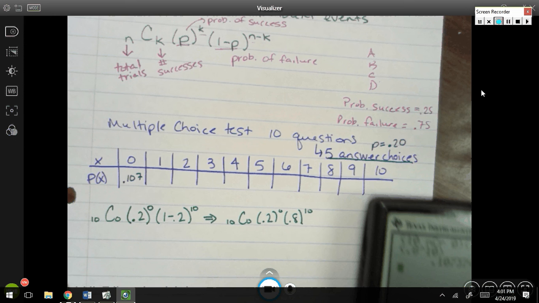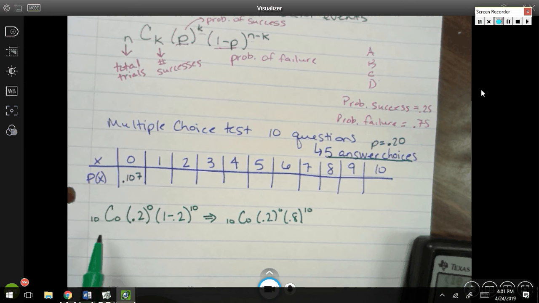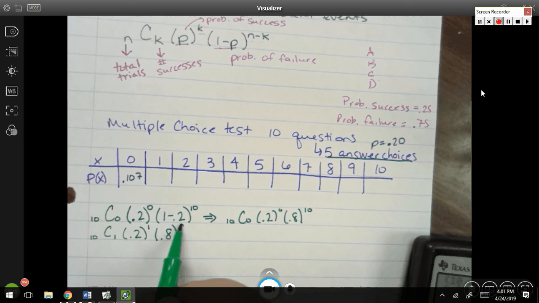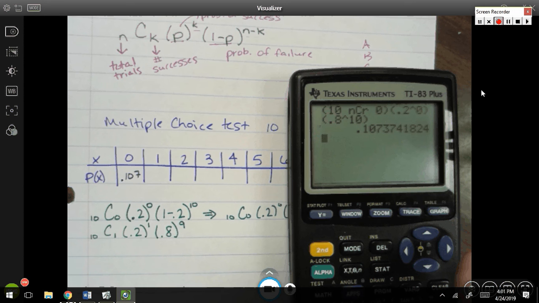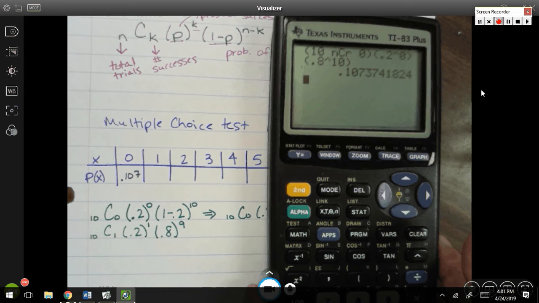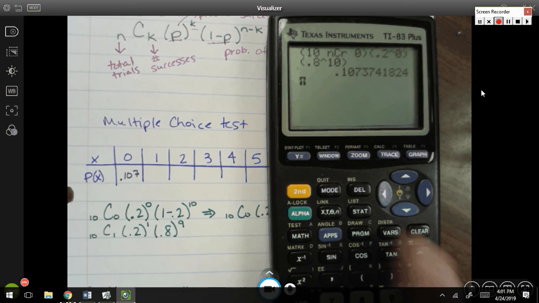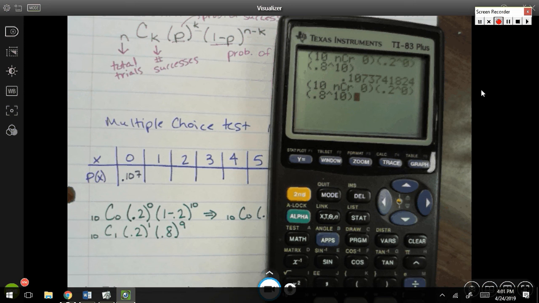So for 1, 10 choose 1, 0.2 this time to the 1. I'm going to go ahead and put the 0.8 here, and this is going to be 9 because it's 10 minus 1. When I do this one, if you don't know this little trick with your calculator, I'm going to show you. If you do second enter, it'll pull up what you just typed.